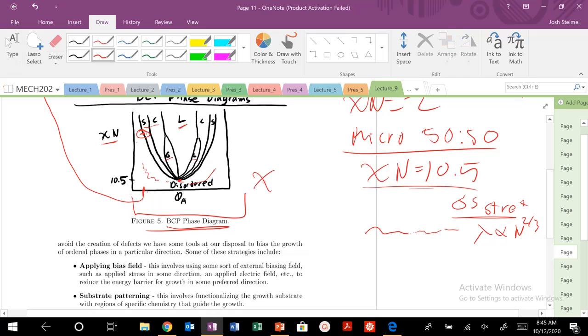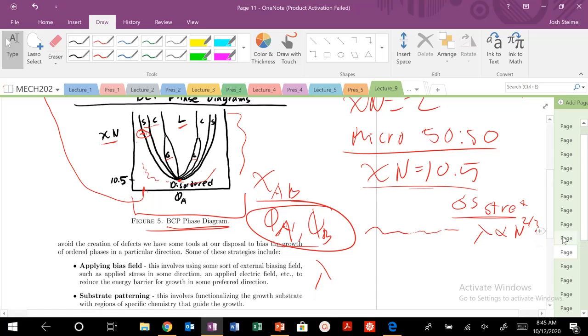We could change chi AB. We could change our volume fractions phi A and phi B, and from just these two parameters, we can get unbelievably different microstructures. By varying them, you can control the lamellar spacing, or whatever periodicity, spacing, or microstructure you want for your microphase separation.